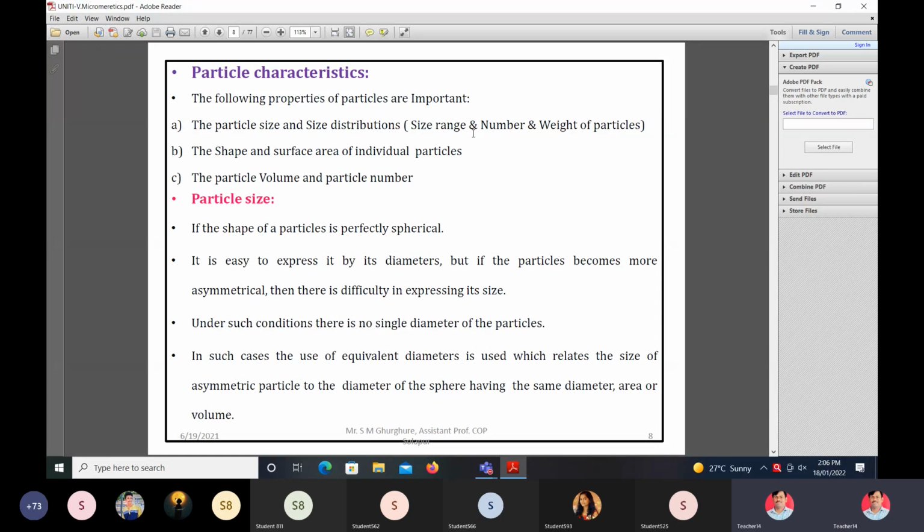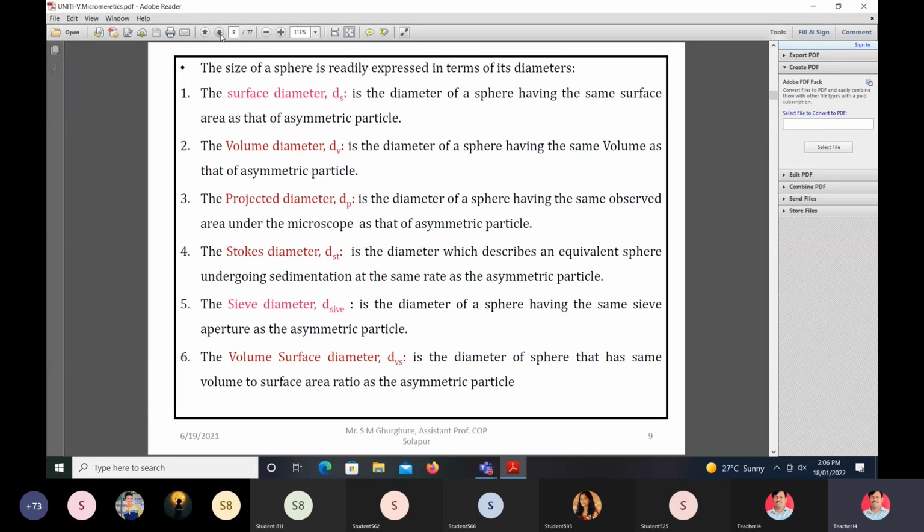In some cases, we use the equivalent diameters, which are related to the size of asymmetric particles, that is, the diameter of the sphere having the same area or the same volume as the particle. The asymmetric size of a particle is determined by using various types of equivalent diameters.